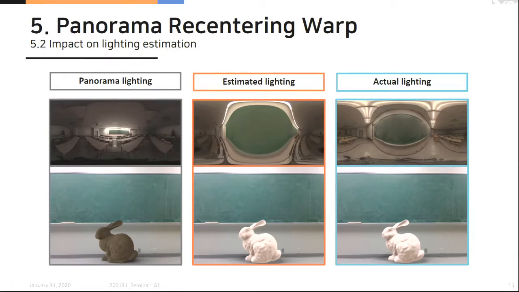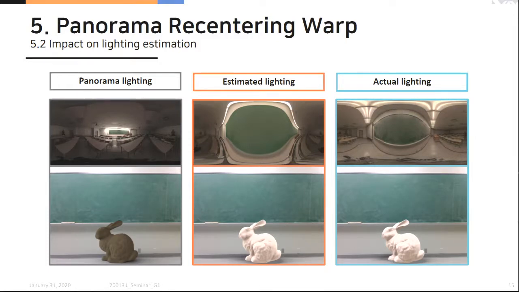Imagine that you put the bunny model on top of this desk, but because there's less light, the bunny looks so dark. But this is the result of the warping operation, and it looks pretty cool.